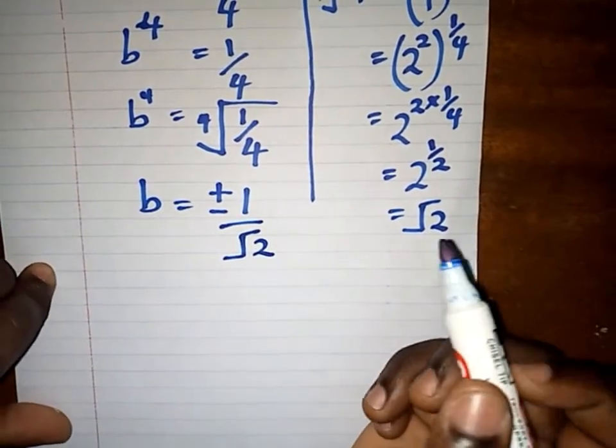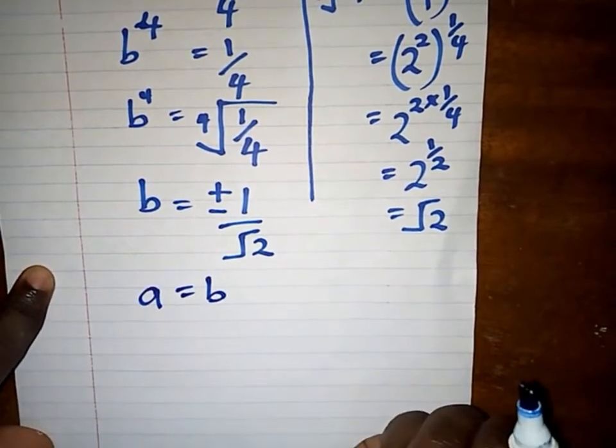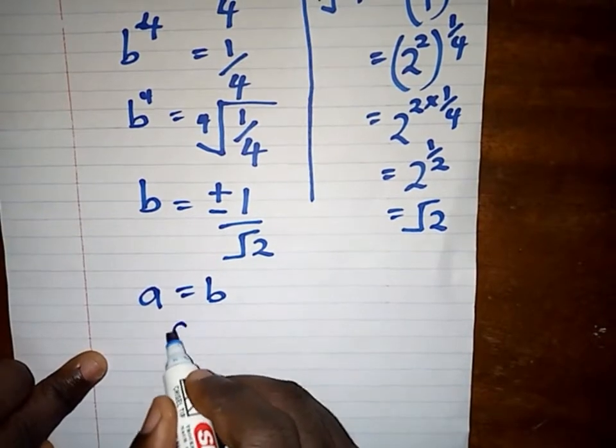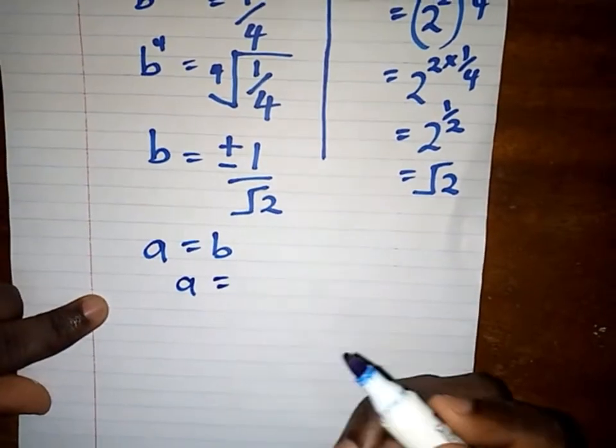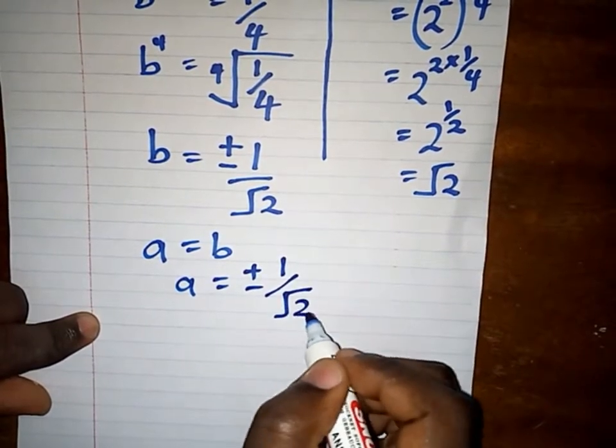That means b is plus or minus 1 out of root 2. But remember we have our a equals b. That means this is our b, and our a is also positive and negative 1 out of root 2.